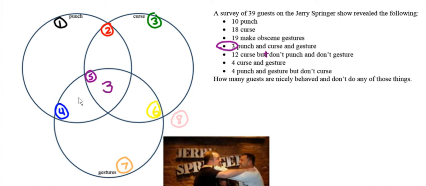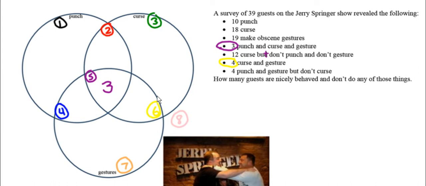The next thing you want to do are these 3 sections. So take a look at some of these here. So you don't have to necessarily go in order. It says here, 4 people curse and gesture. Now, this is where you have to be careful, like the two circle diagram.